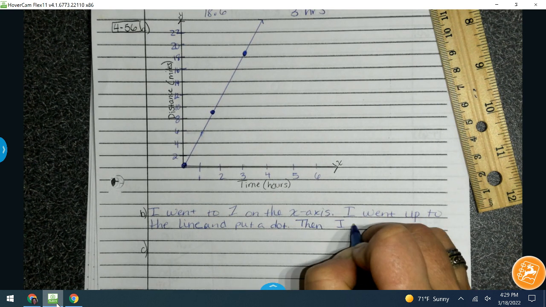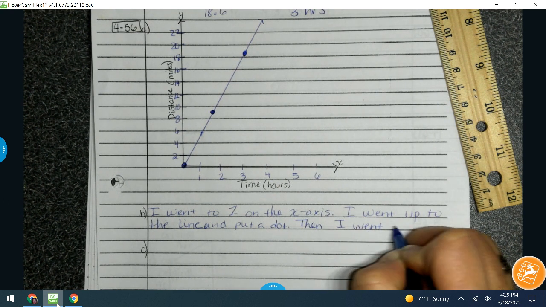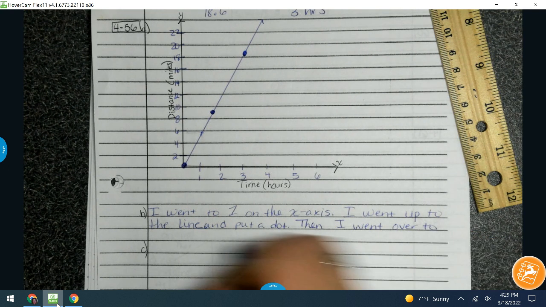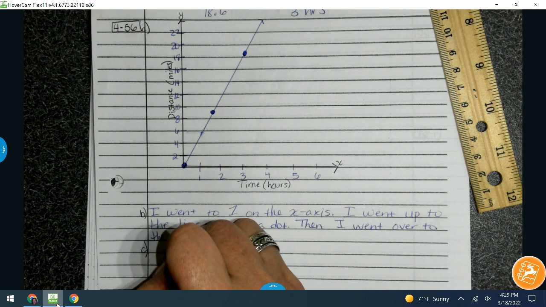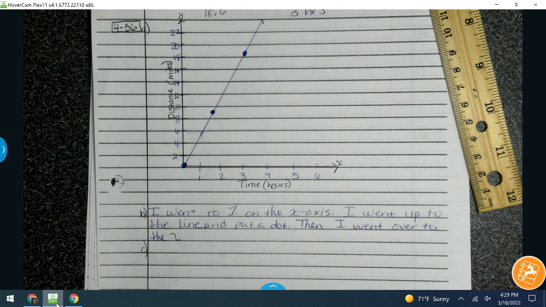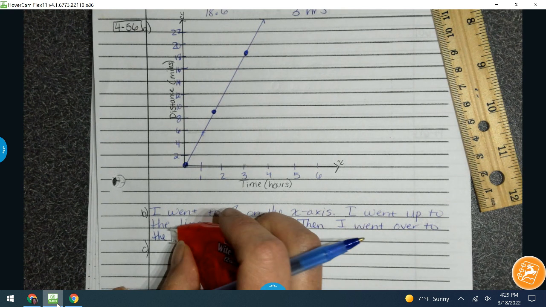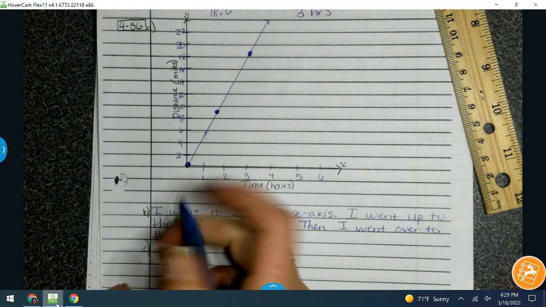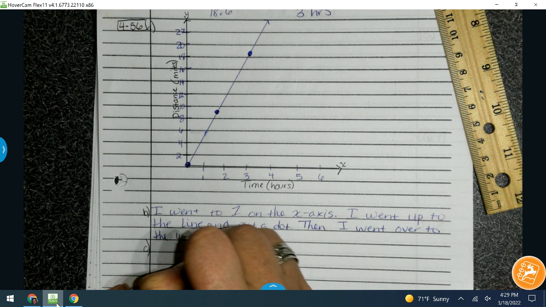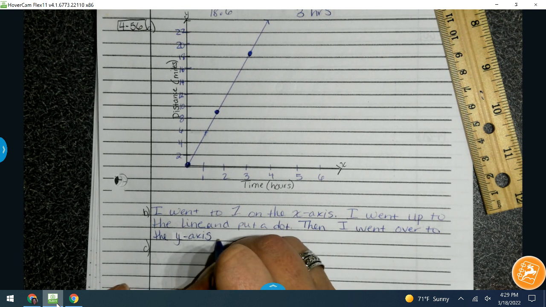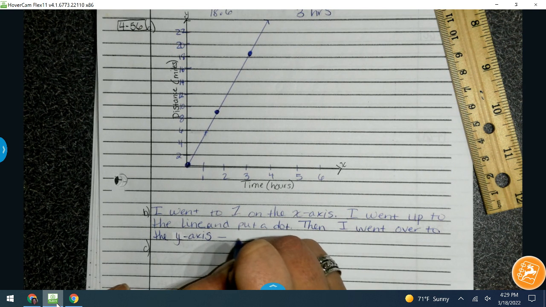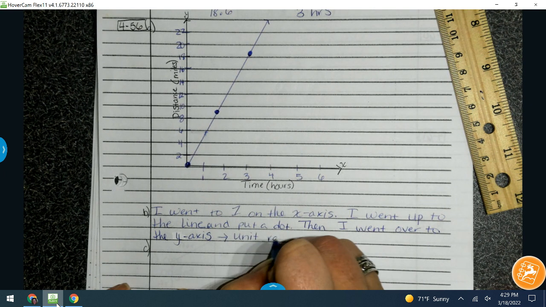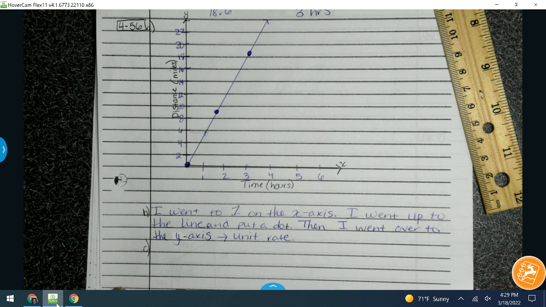Then I went over to the y-axis. That would be the y-axis, which would be your unit rate or constant of proportionality.